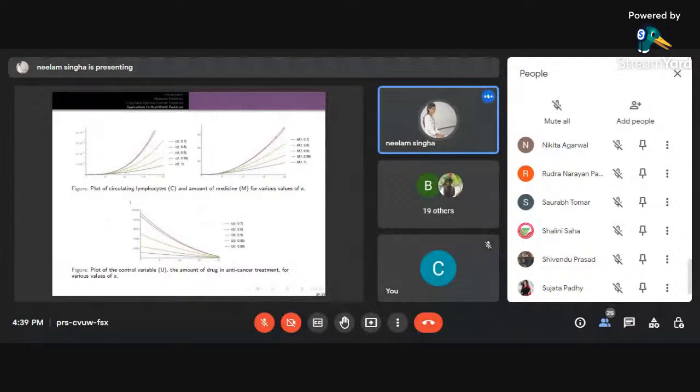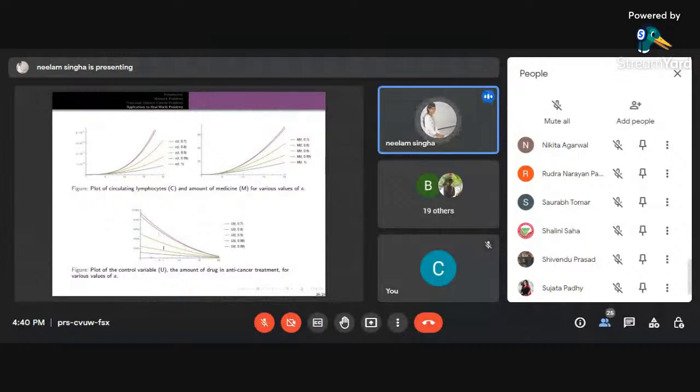It means the amount of anti-cancer treatment given to the patient decreases with time. Why is it needed? Because whether you talk about chemotherapy or any other anti-cancer treatment, it comes with lots of side effects as well. So it is very important that with time the amount of these drugs should be decreased, so it must be decreasing in nature. This is the nature of the control variable which I have plotted here.